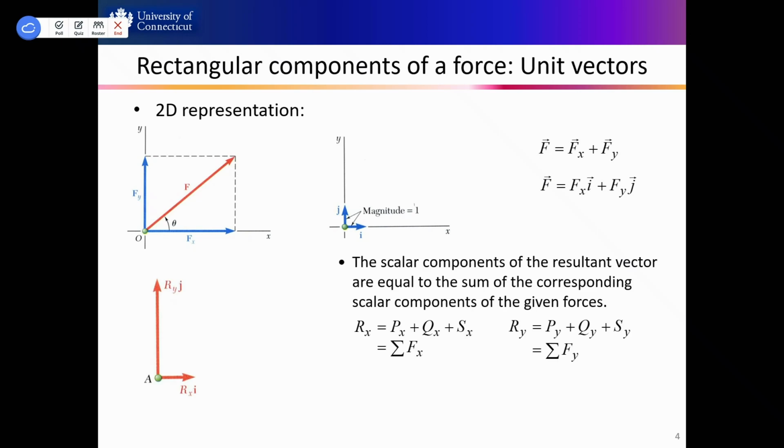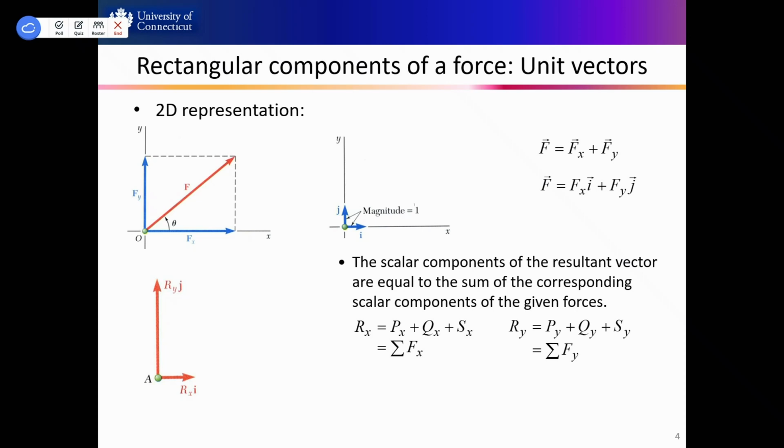And then if we have more than 2 forces, so maybe P, Q, S, these are 3 force vectors, and each has X and Y components respectively, right? And then we can sum the X components together to find the X component of the resultant, and sum the Y components together to find the Y component of the resultant.